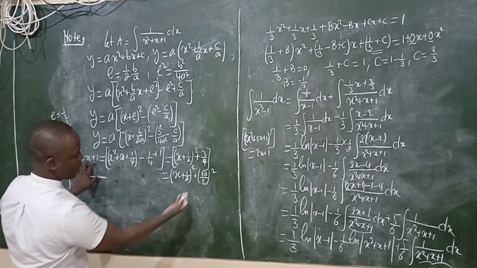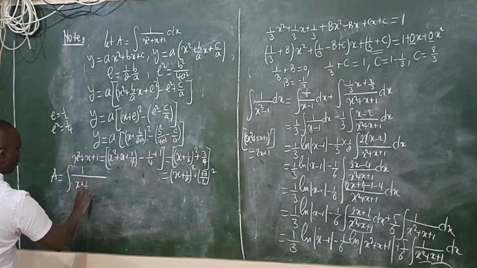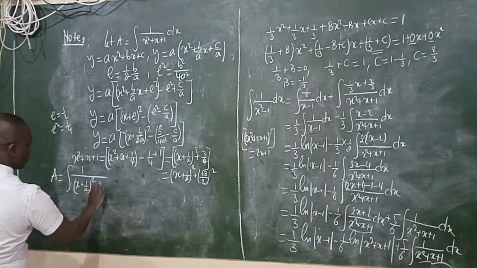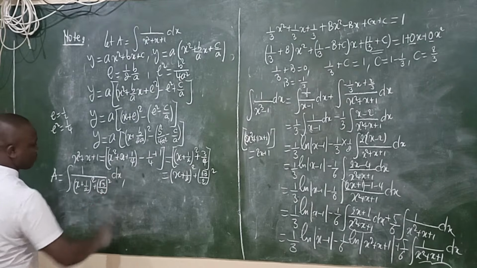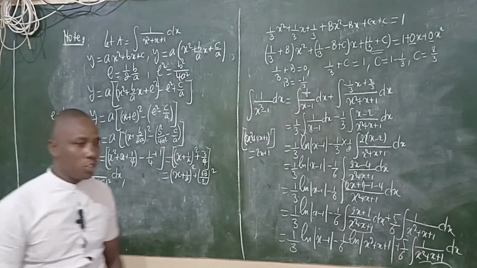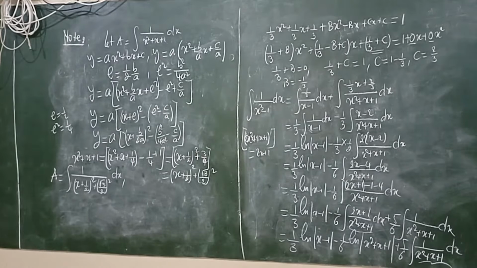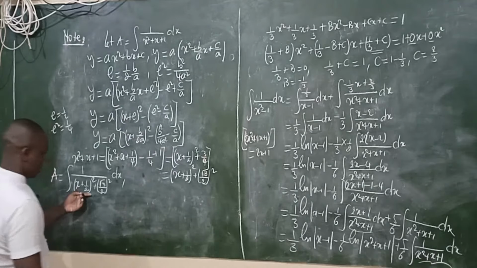Instead of having this, I'm going to write this. Here is x plus a half squared plus the square root of 3 over 2 squared dx. I do want to recall you the formula we use when dealing with questions like this.